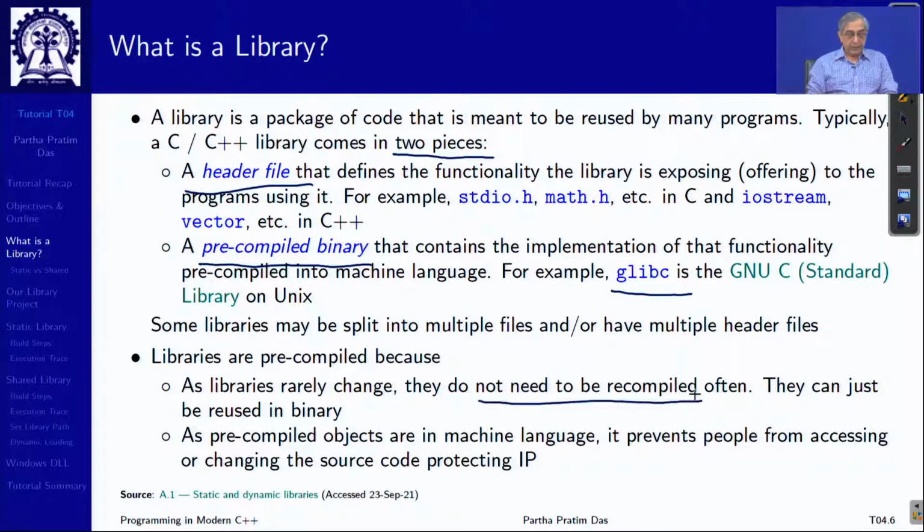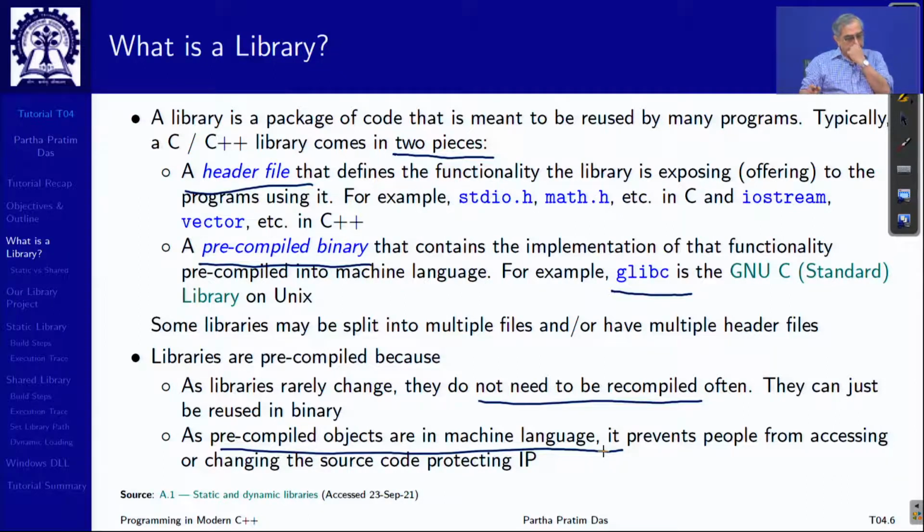So, we do not need to recompile, and since they are already compiled objects in the machine language, they cannot be read by human beings, or even if you use a program, you will not be able to figure much out of that library.